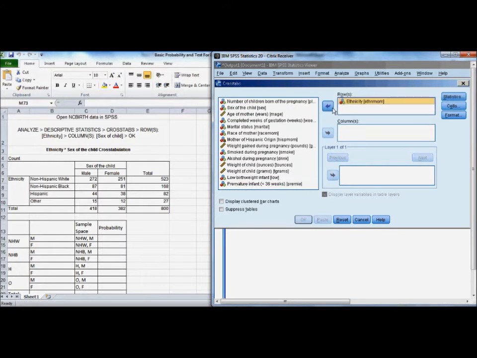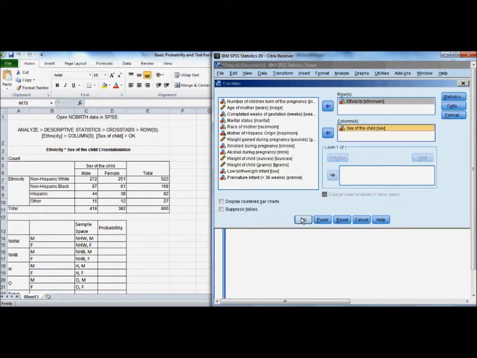So let's put ethnicity in our row area here. I'm going to click on ethnicity, I'm going to move it to my rows, and I'm going to put sex of child in my columns. So we're interested in seeing if there's an association between ethnicity and the sex of the child which was born to the mother.